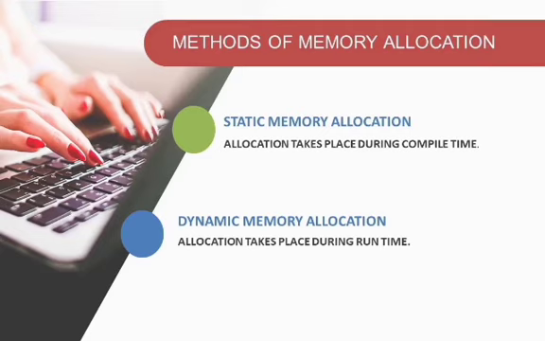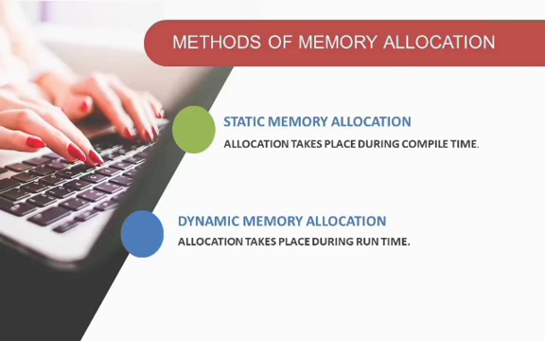I'll clarify what is compile time and runtime. Compile time allocation means the allocation will be done before the execution of the program. That is, at the declaration time itself, the memory gets allocated. And runtime allocation means the allocation will be done during the execution of the program. Alright.